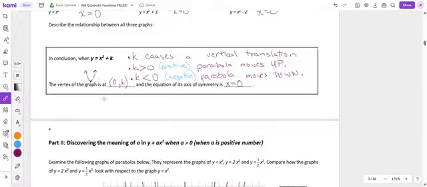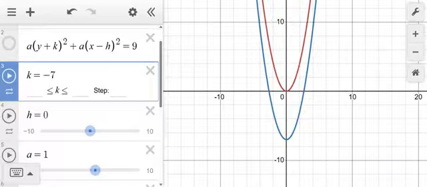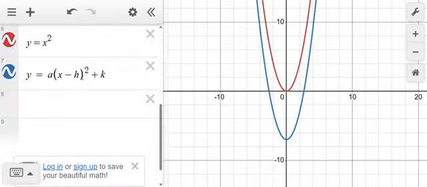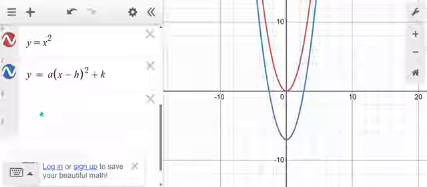Now, tomorrow we're going to look at the other 2 variables: what the A does, which I think you've seen, and what the H does, how it transforms the parent function.